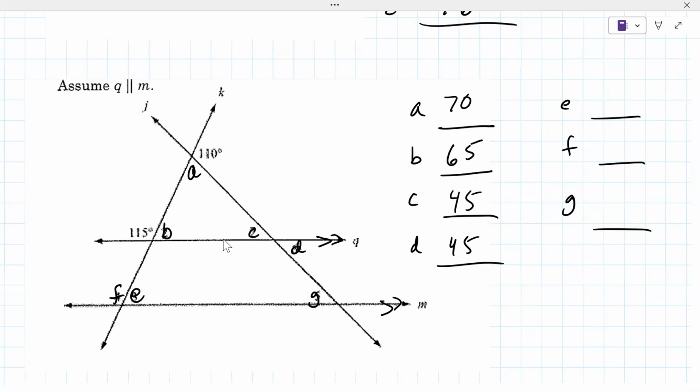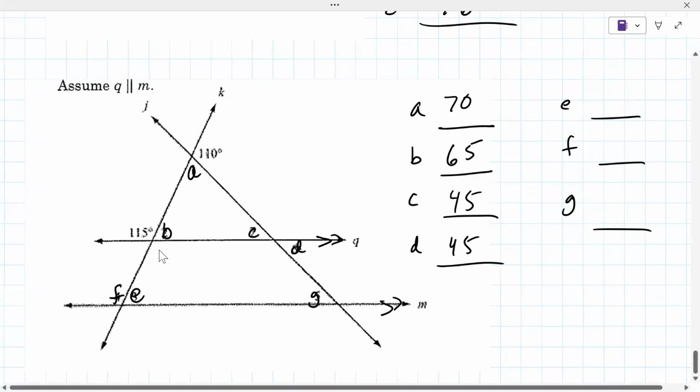Does the 115 go down to F and then we do the same thing? B and E are congruent, you said? Yes, B and E are congruent. They're corresponding. Same with 115 and F. They are also corresponding.